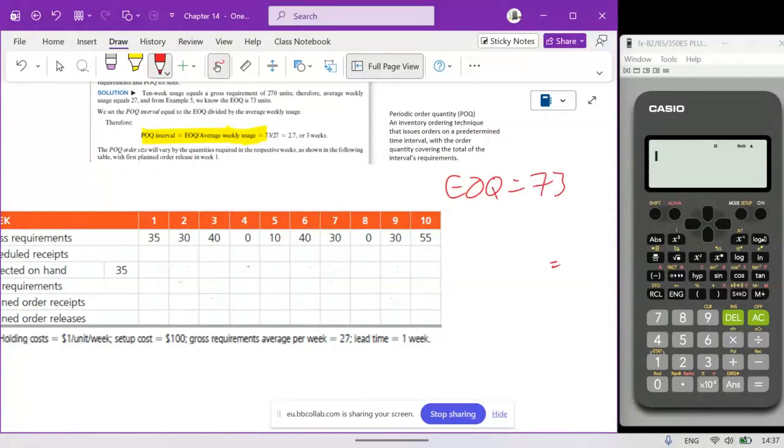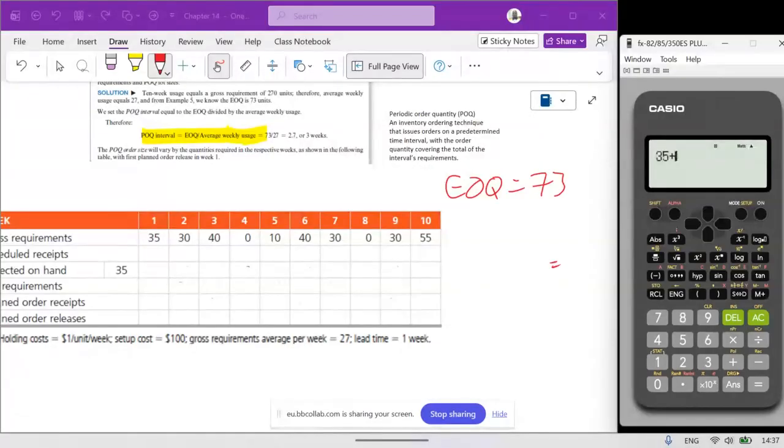Now we want your weekly order. So how do you get your weekly order? You say 35 plus 30 plus, calculator. Can you still remember this? Let's see. Memory out of date.